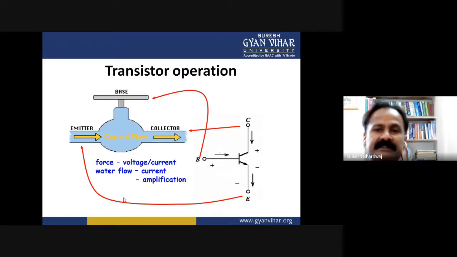Now this is the transistor operation, explained with a water analogy. We understand the operation of the transistor by the analogy of a water valve. Suppose water is coming to your house.